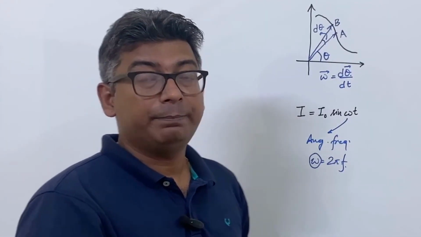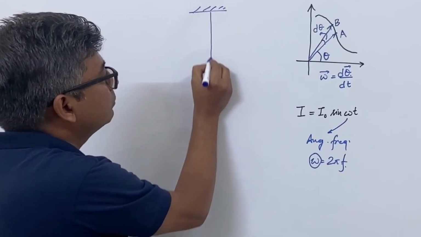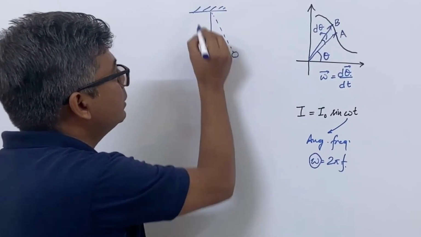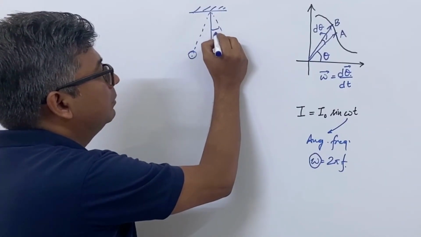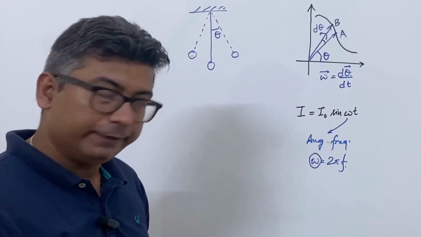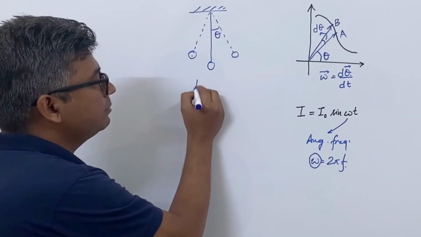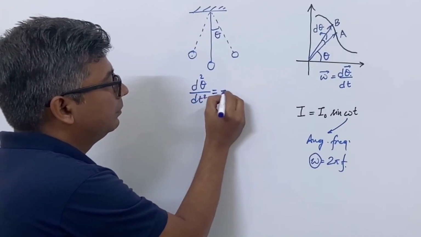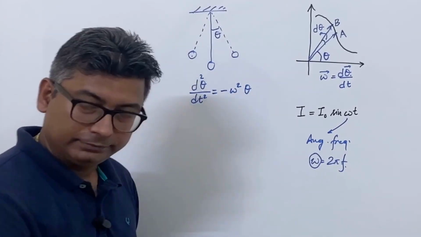What is the basic example of simple harmonic motion? Let's say there is a ball, and this is the maximum position on both sides. It is moved by a very small angular displacement theta. So what is the equation of SHM? The equation of SHM says d squared theta by dt squared equals minus omega squared theta.